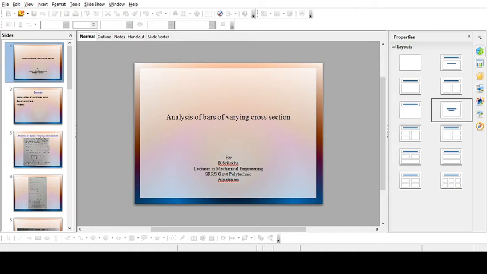It is something like a stepped bar. Now it is given that the stress induced in the material is 50 Newton per square mm. Now we need to find the load acting P and the total extension of the rod.